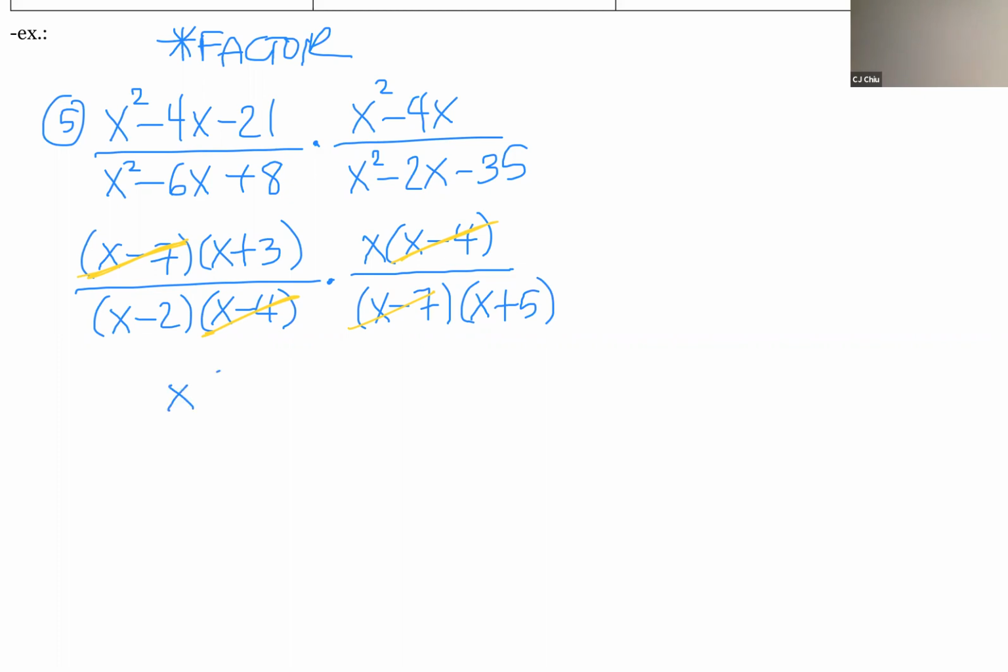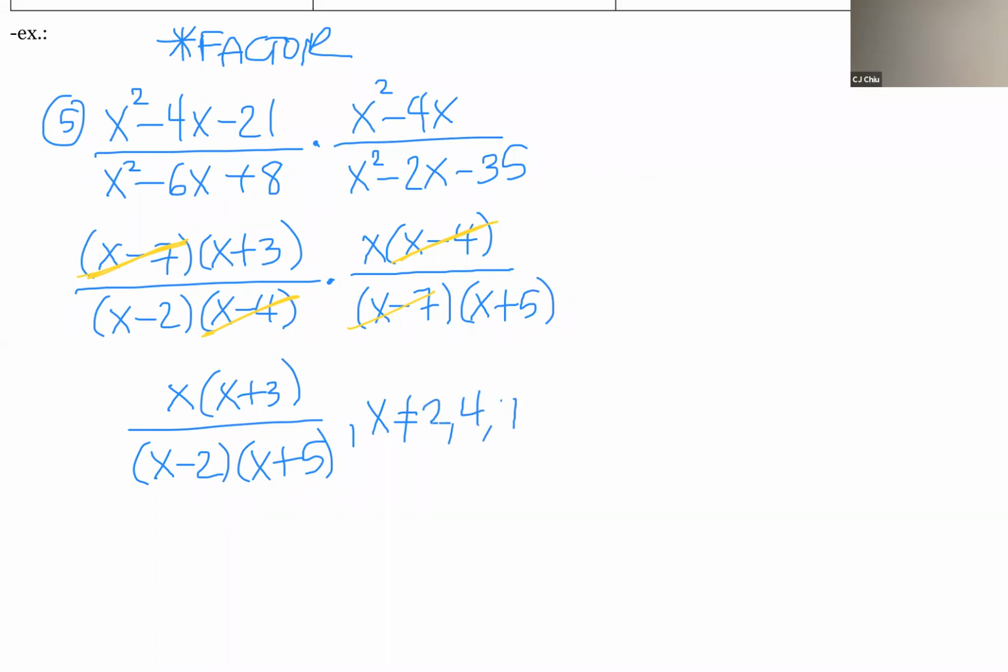X times x plus 3 on the top, and then x minus 2, x plus 5. And you do want to leave this factored. So don't FOIL, don't distribute, just leave it here, okay? And then all our denominators, x not equal to 2, not equal to 4, 7, or negative 5.